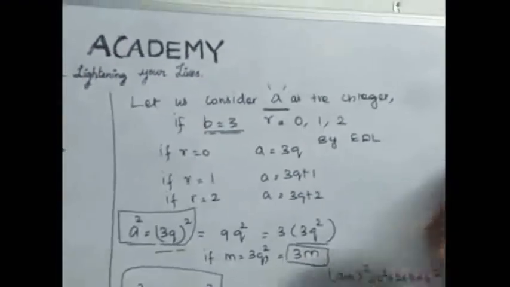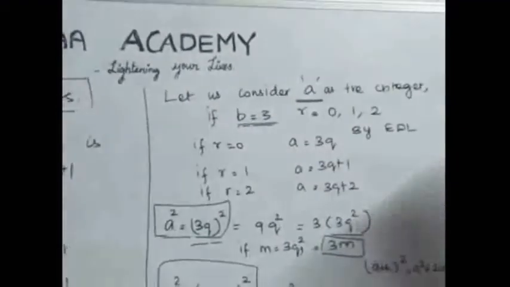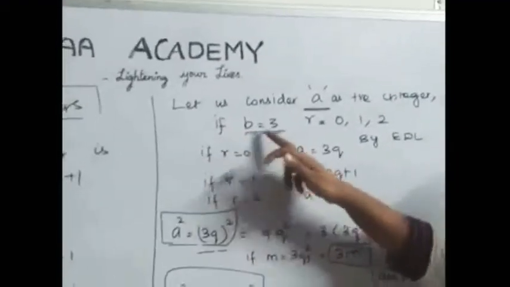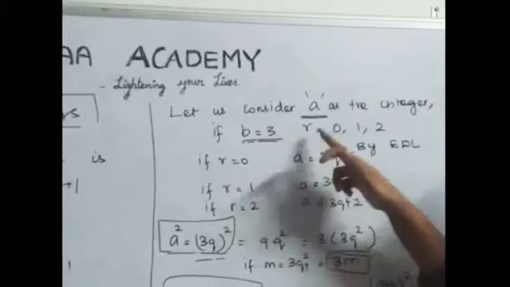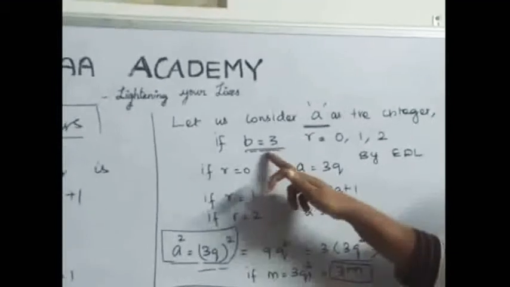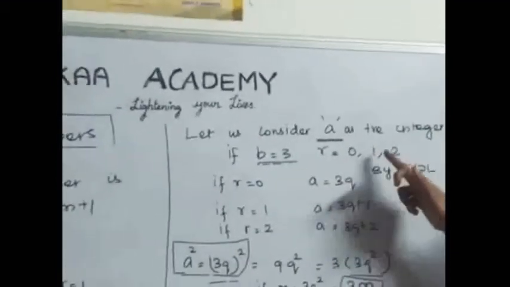Now we are going to prove it analytically, that is, by using Euclid's division lemma. Let us consider a as a positive integer. If b equals 3, we know that when the divisor is 3, the remainder will always be less than 3, so the remainder will be 0, 1 or 2.